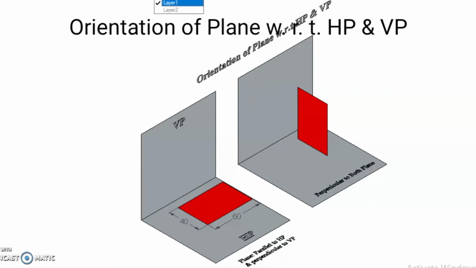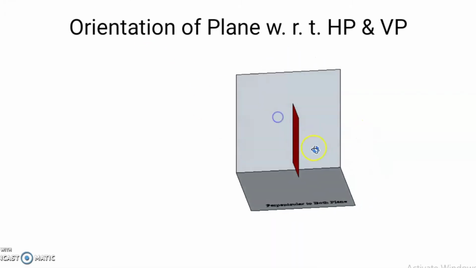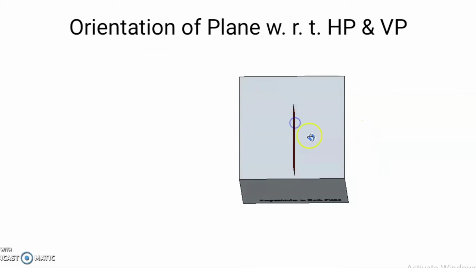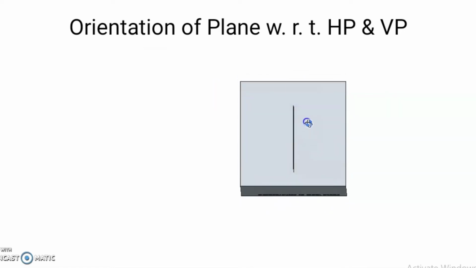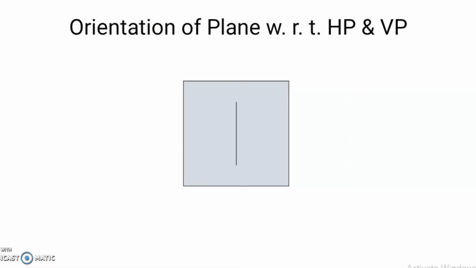If you observe its two views, the front view appears as a straight line which is at a right angle to the XY.